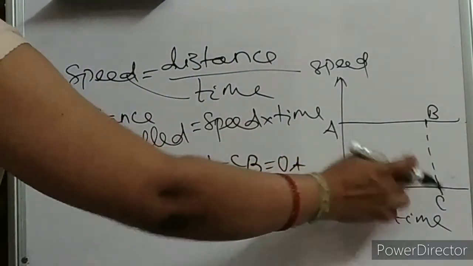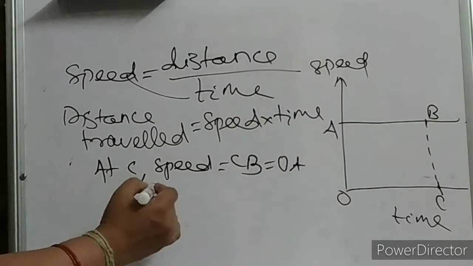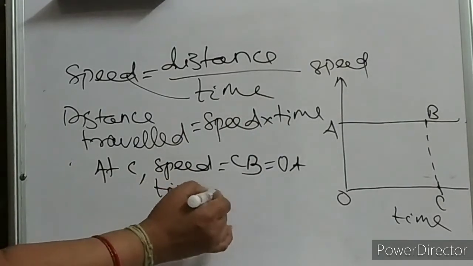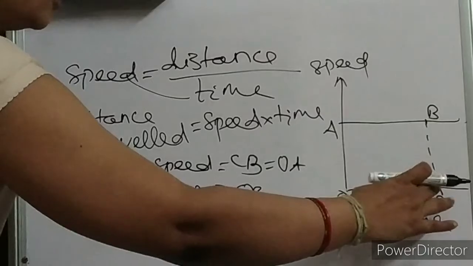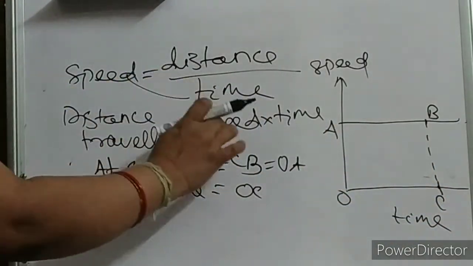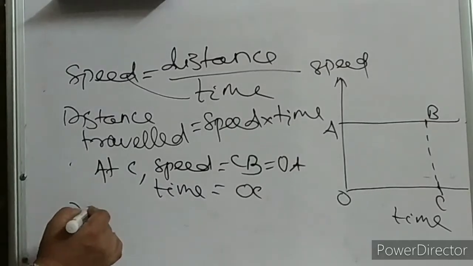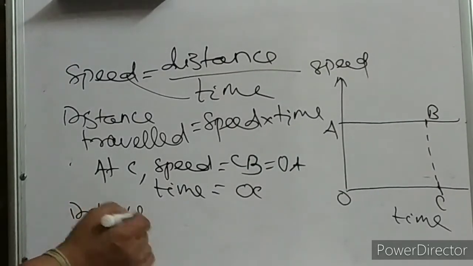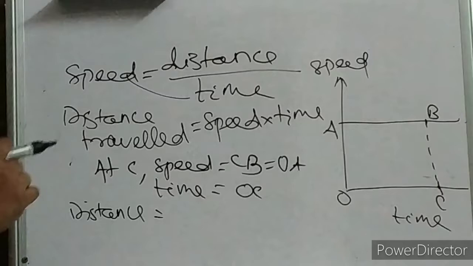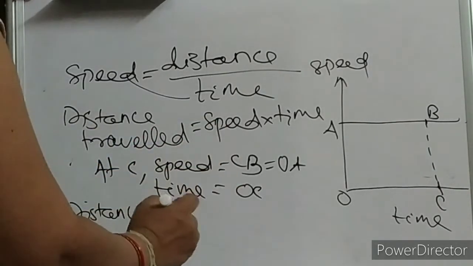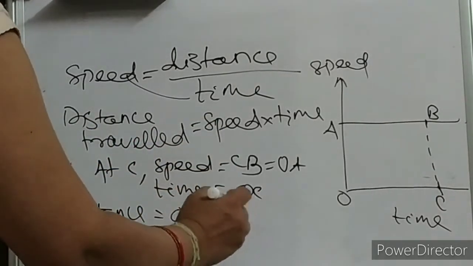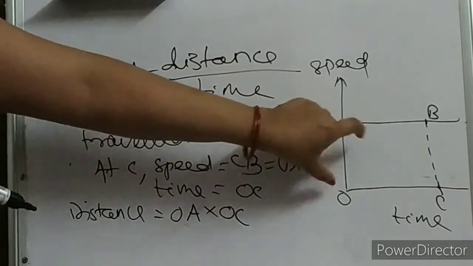What is the time at C? Nothing but OC. This is your time taken. Now speed into time, that means distance traveled, we are multiplying OA into OC. What is this OA and OC, children?